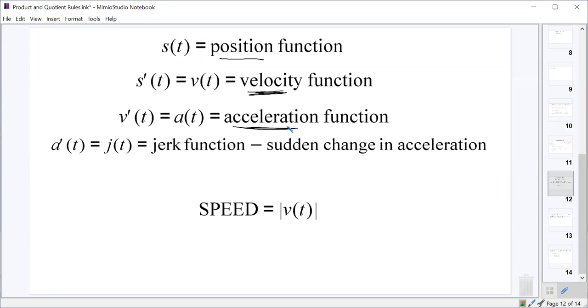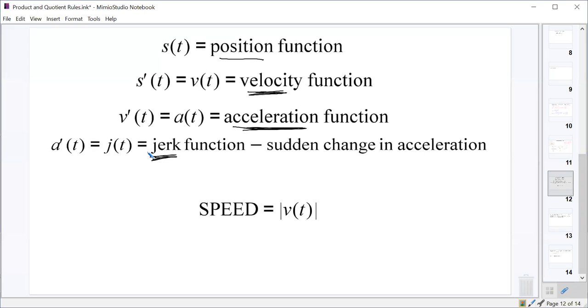Good. All right. Then, and we won't need to go much further than this, the derivative of acceleration gives you a function called the jerk function. Jerk just means, in physics terms, a sudden change in the acceleration. Just out of curiosity, does anybody know what happens after the jerk function?